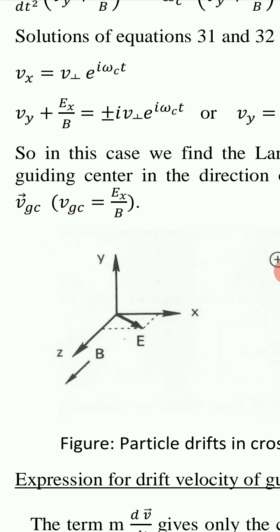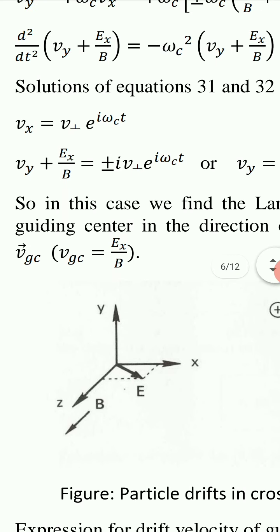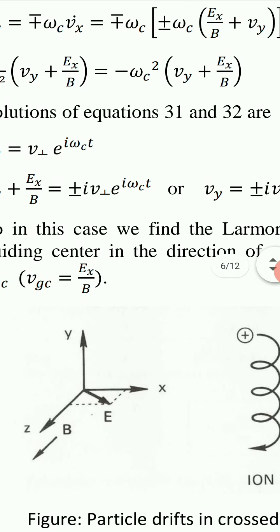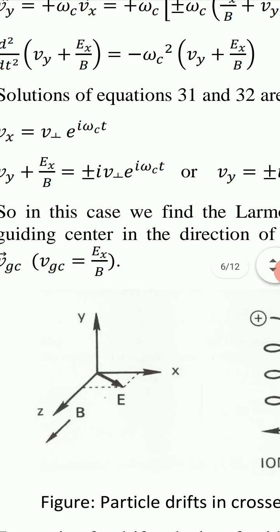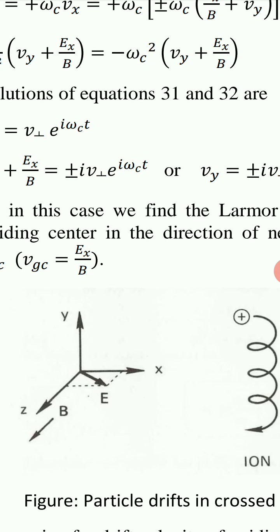Why plus minus i is used here, we will look at it later. So Vx is V perpendicular e to the power i omega ct. Vy plus Ex upon B, the solution of the second equation, must give V perpendicular e to the power i omega ct.